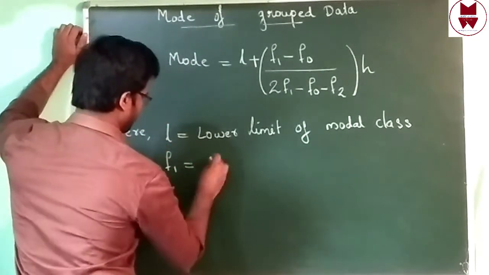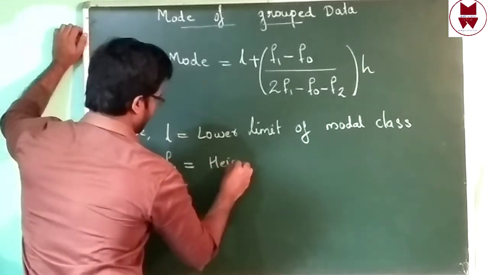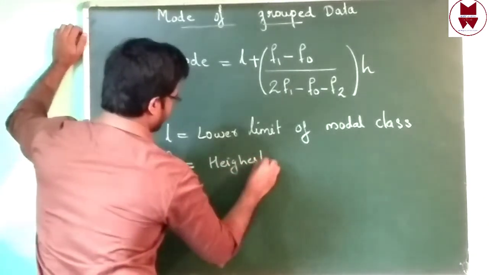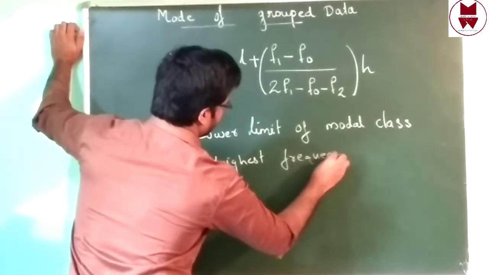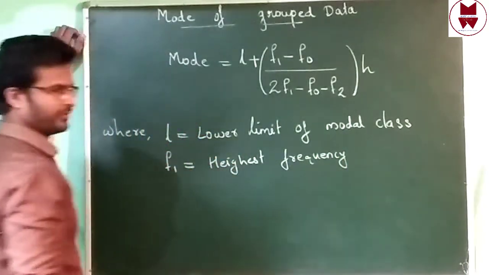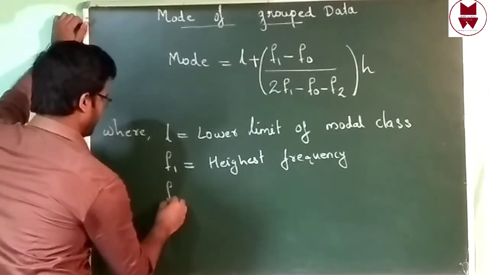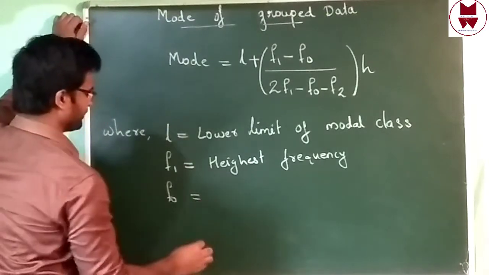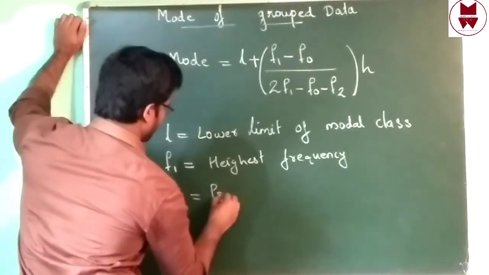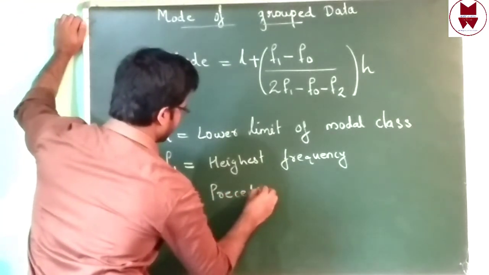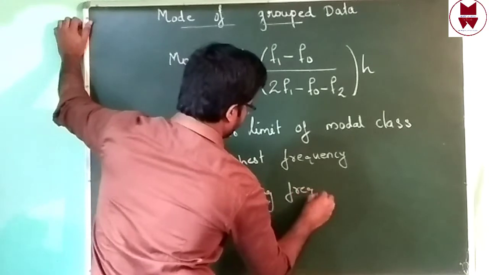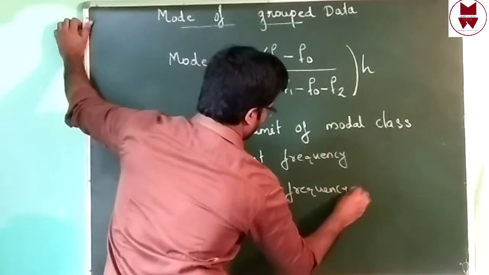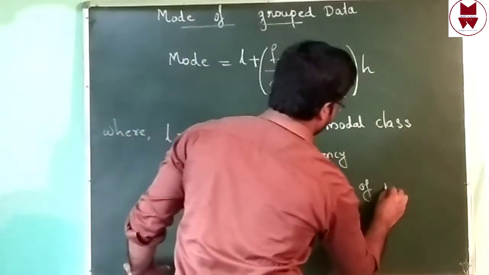F1 means highest frequency. Then F0 is the preceding frequency of the modal class.